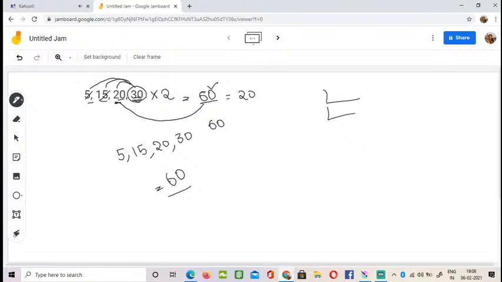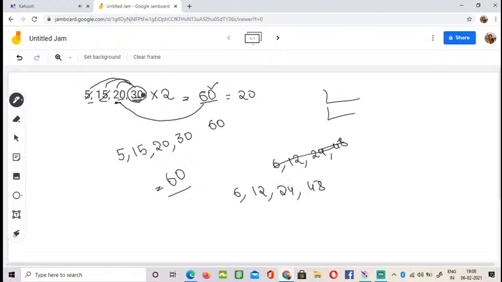Now think of another problem: 6, 12, 24, 48. This is again so easy. Let me write it in straight order so that it's understandable. So 6, 12, 24, 48.